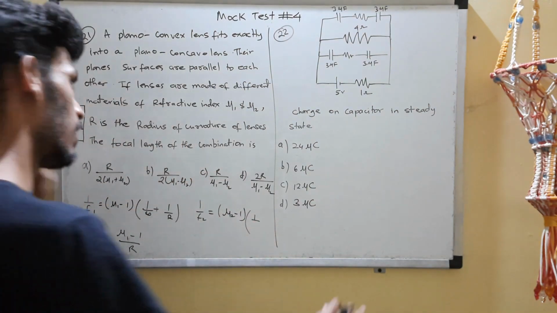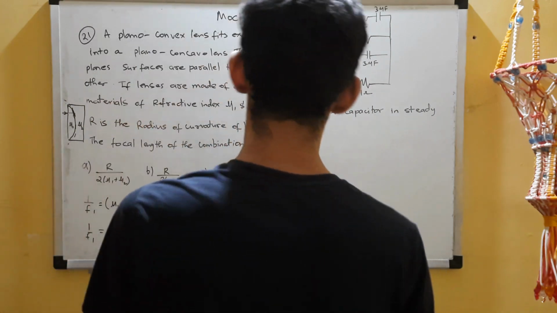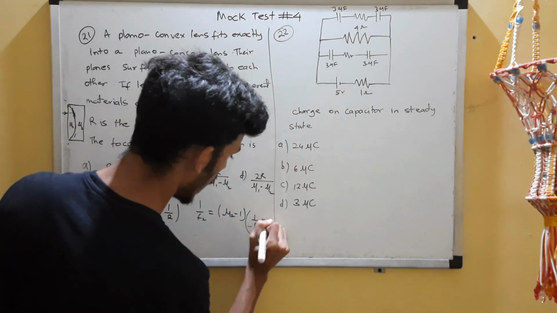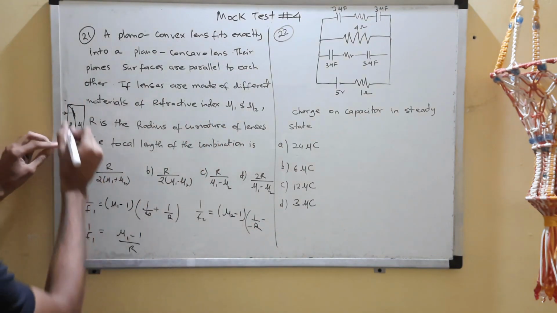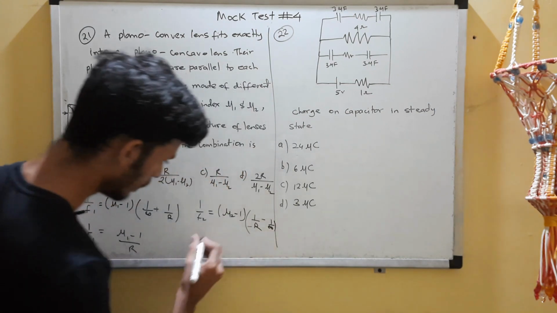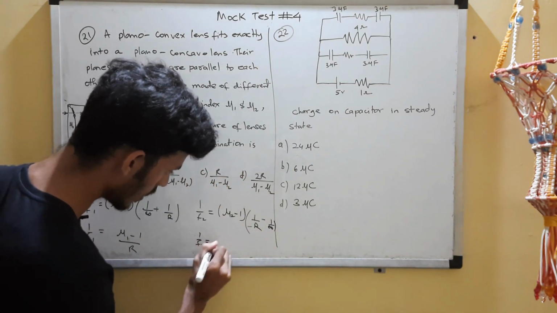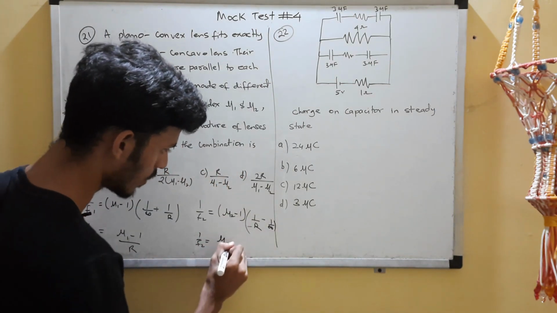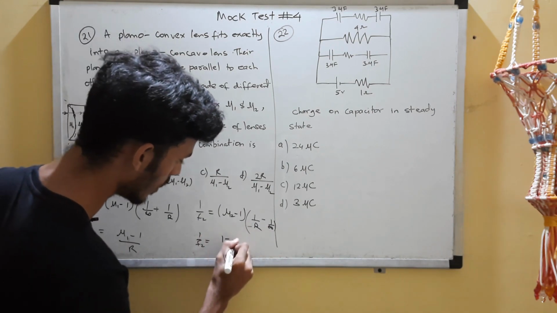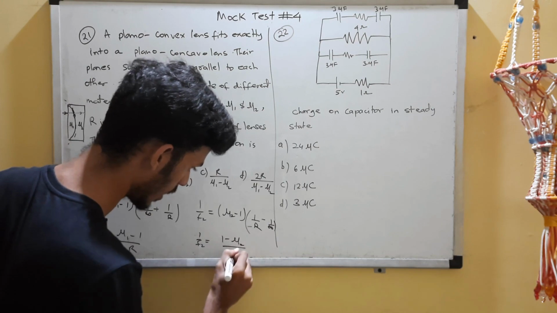R1 is again negative, since r is opposite to the direction of the incident ray. So minus r, minus 1 upon r2. R2 is the plane surface, so 1 upon infinity. So 1 upon f2 is mu2 minus 1 into minus 1 by r.